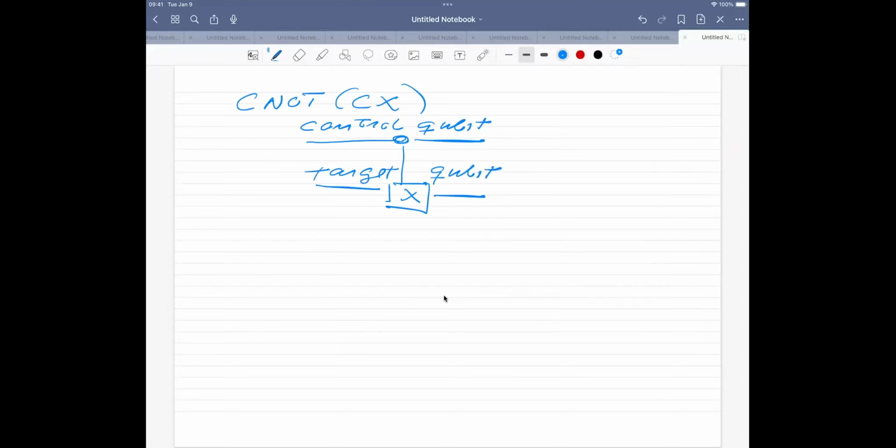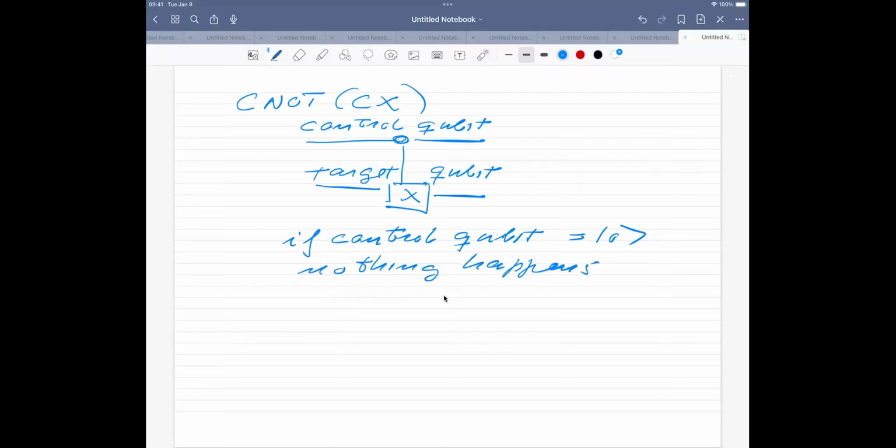So I can then change. If the control qubit is equal to 0, nothing happens with qubit 2, which is the target.